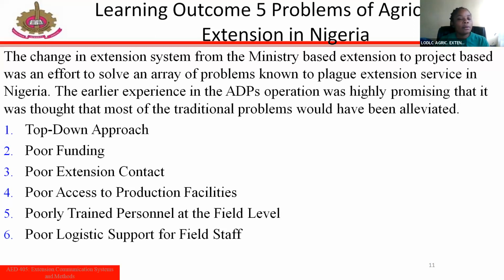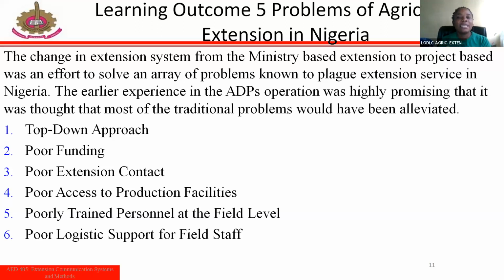Poor funding, poor extension contracts, poor access to production facilities. They are training, they are giving information, but they don't have these facilities. How would they utilize it? How would they know how to use it? How would they have access to them? Poor trained personnel at field level, poor logistic support for field staff.